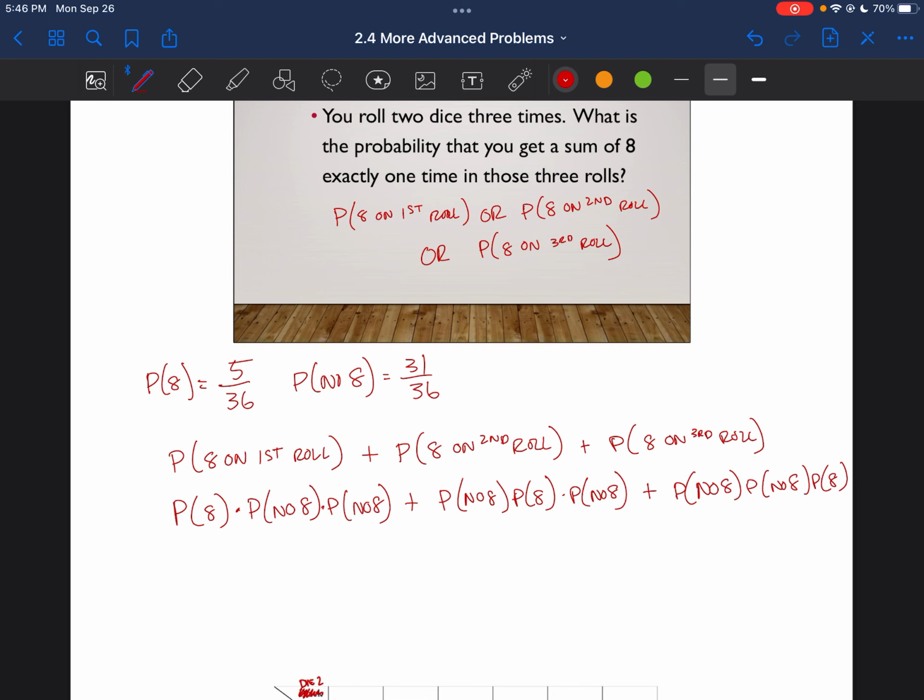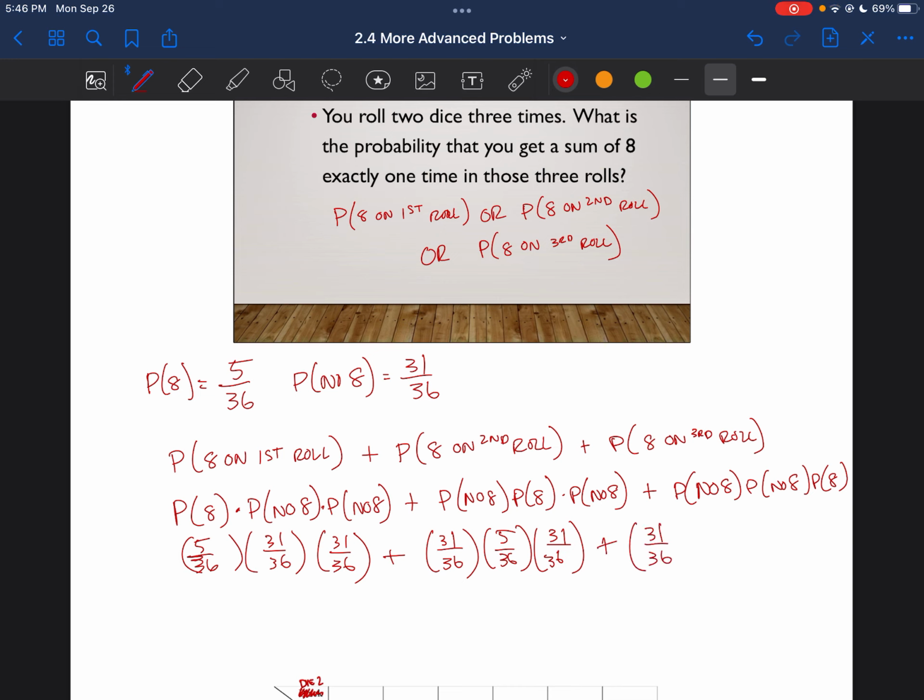So that means I'm going to have 5 out of 36 here, and then I'll have 31 out of 36, 31 out of 36, so I'm just filling in the numbers here that go with each probability. 31 out of 36 is no 8, no 8, and then 8.